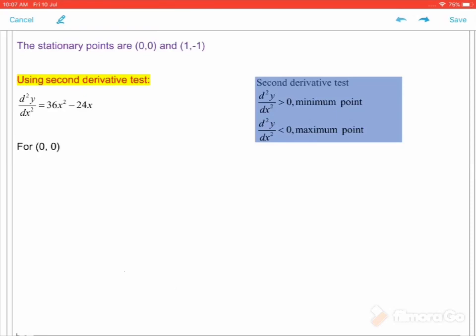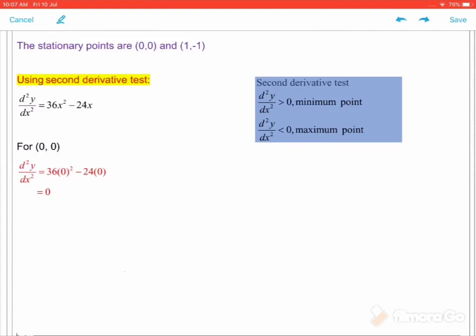Now we come to the first point. For point (0, 0), the d2y dx squared is equal to 36 multiplied by 0 squared minus 24 times 0. So you get the answer equal to 0.